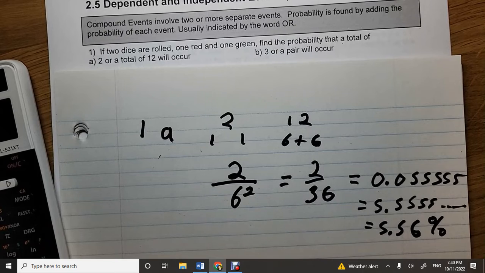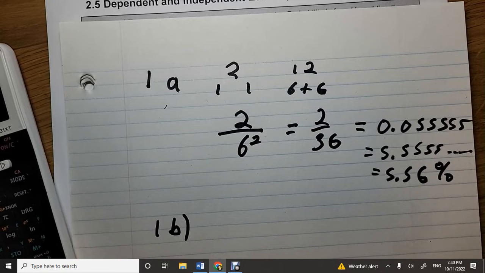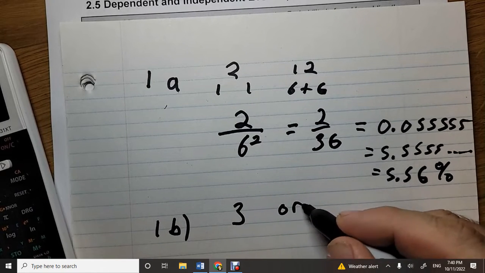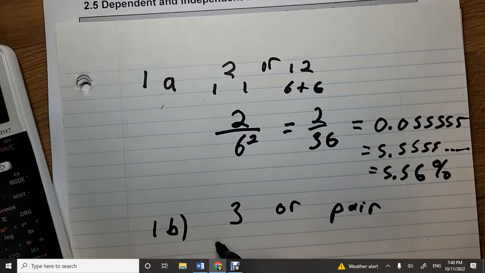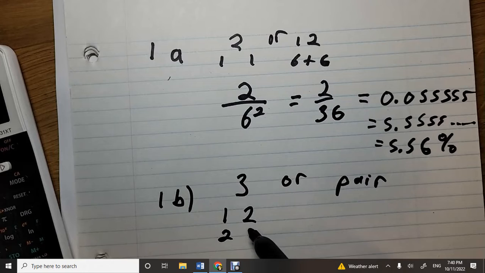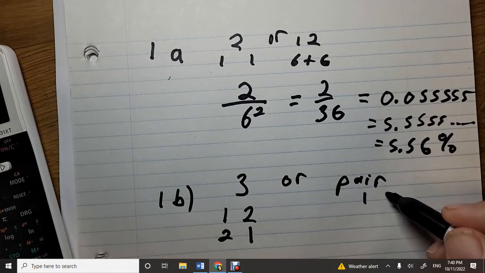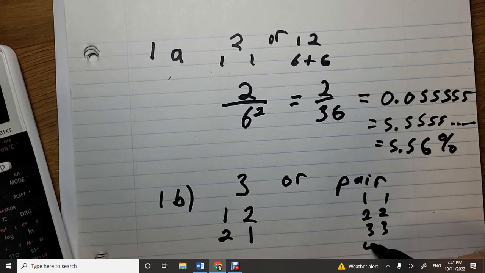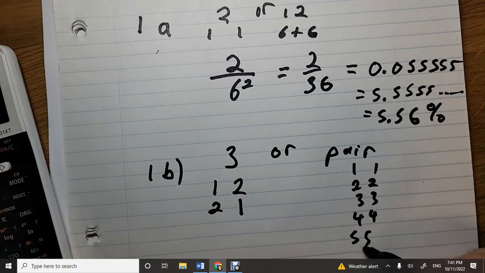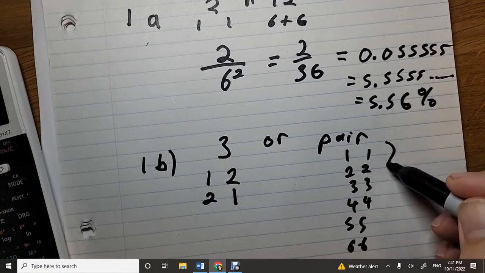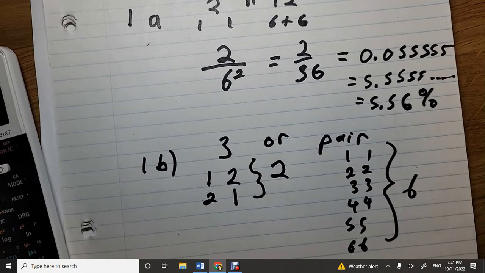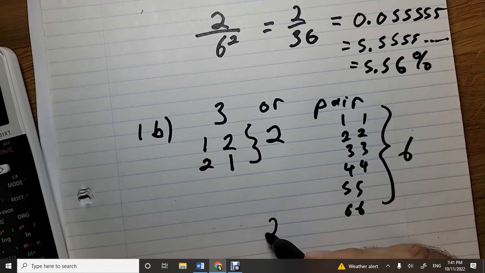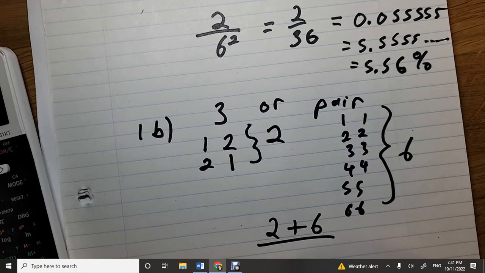And then we got 1B. We're just going over the items here. 1B, a 3 or a pair. Again, that keyword is "or". To roll a 3, you need a 1 and a 2, and a 2 and a 1. Well, there's 6 pairs: 1,1; 2,2; 3,3; 4,4; 5,5; 6,6.